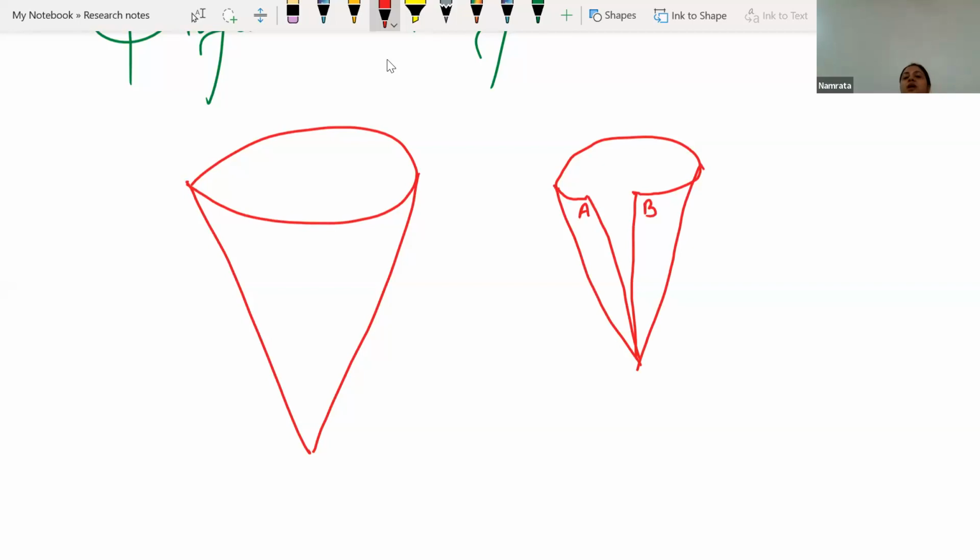We are just going to cut this cone like this. Are you able to visualize it? How we are cutting it? Earlier it was like this. Now from one end, let's say from here, I have cut it. Once we have cut it from here, it took the shape of the second figure. Are you understanding? Yes, ma'am. Now, if we open it completely, it will take the shape like this.